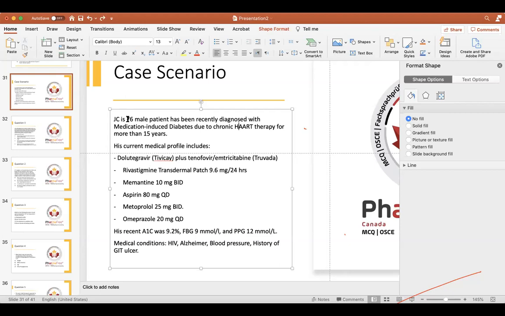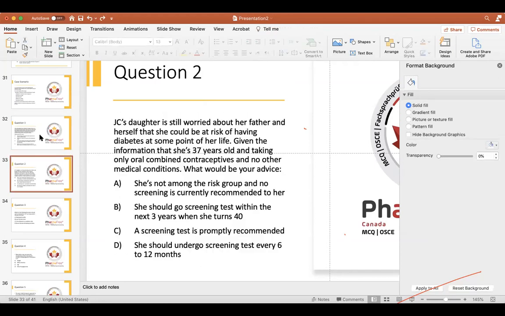So by no means could this represent a risk factor to the lady. It's not a risk factor because the patient has been taking medication for 15 years, and he's very aged, 76 years old. You got my point. You have to understand the situation as well.